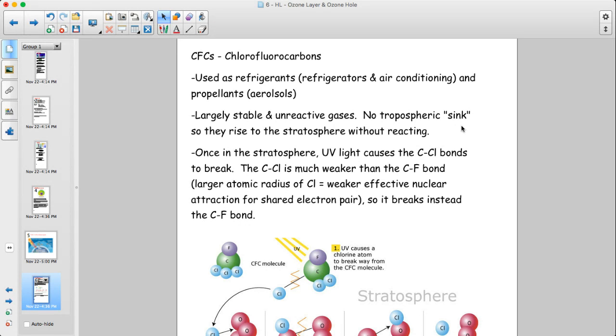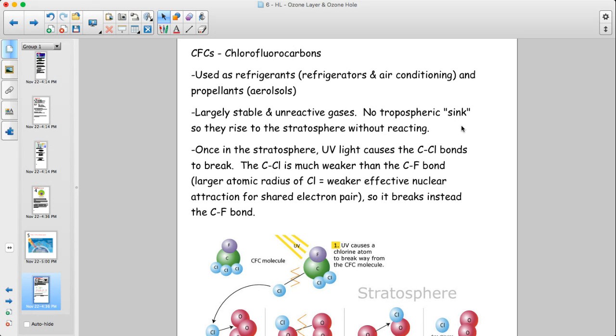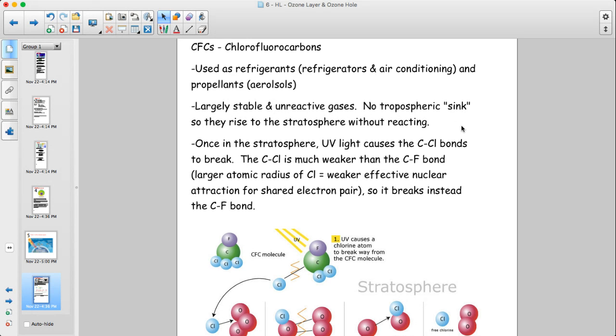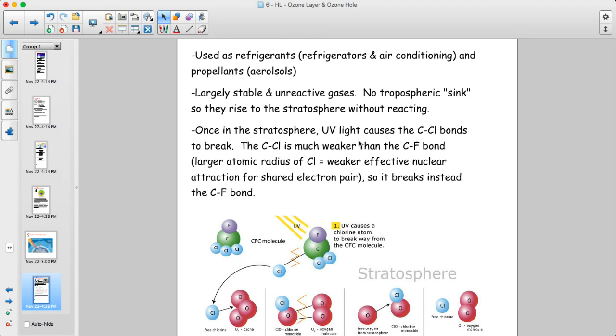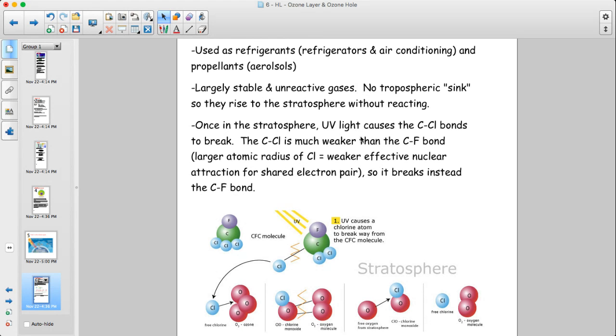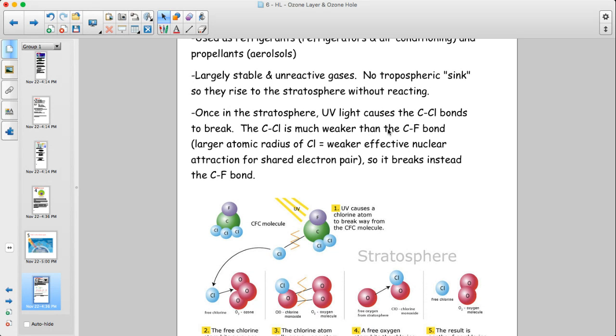So they basically get out and they float up in the atmosphere, contributing to global warming, doing all sorts of things, until they get high enough in the stratosphere that there is a kind of UV light that can break them apart. Now, the UV light that they get to breaks the carbon to chlorine bond, not the carbon to fluorine bond. That's because the carbon to chlorine bond is a lot weaker than the carbon to fluorine bond.